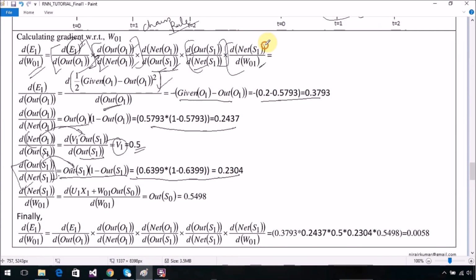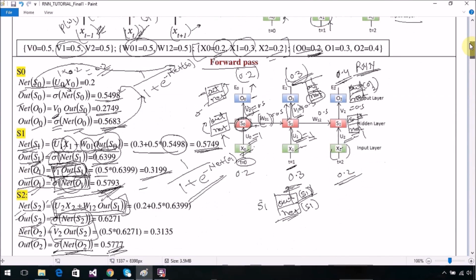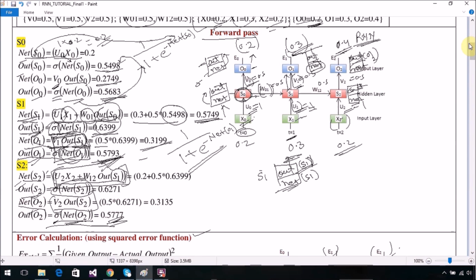The last part is taking the partial derivative of net S1 with respect to W01. We will take the expansion of net S1 that we calculated earlier. So our net S1 is U1 X1 plus W01 out S0.